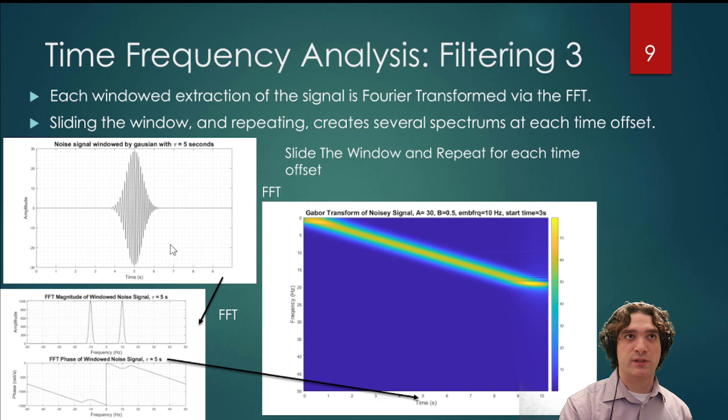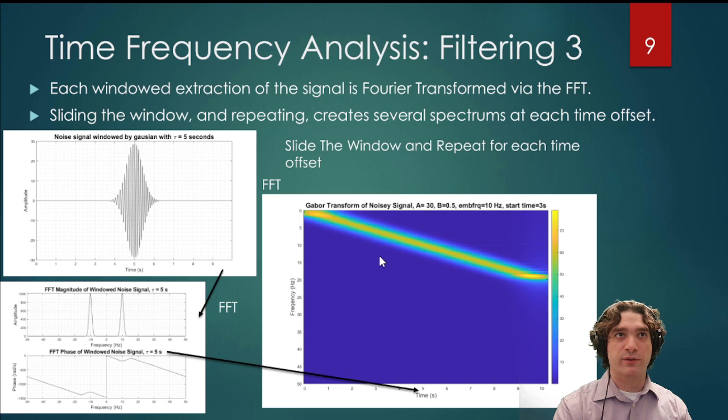As this window slides and is centralized at the next time increment, it'll produce another column of frequency spectra data. There we see the noise sweep, 30 sine(pi t squared). And if we look closely, we'll see a faint signal at 10 hertz.